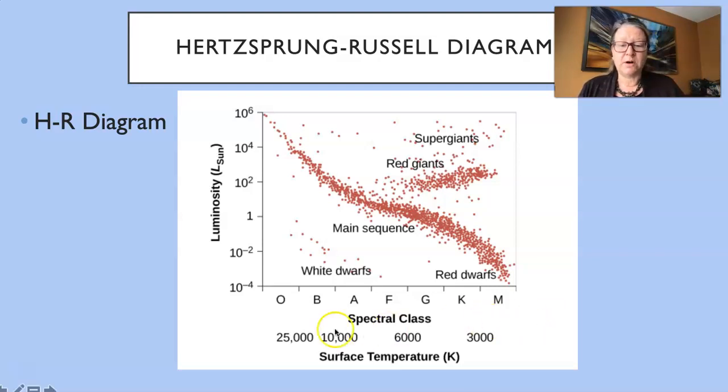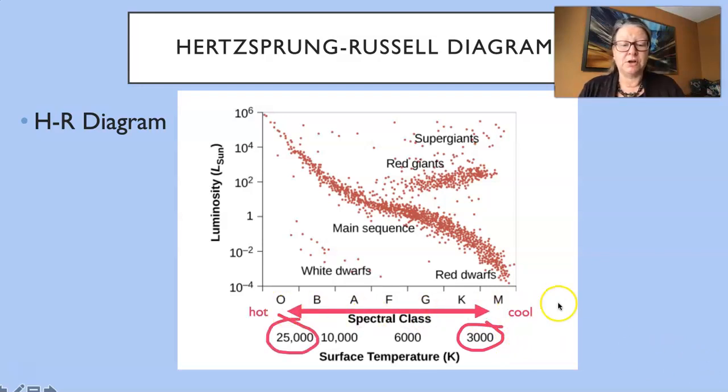But for us, we're going to think about this axis down here as temperature. Now notice that the cool temperatures are on the right and the hot temperatures are on the left. So the range here goes from cool to hot, but the cool is on the right and the hot is on the left. A little different than what most graphs might show. Then in the y-axis, we have bright stars at the top, dim stars at the bottom.